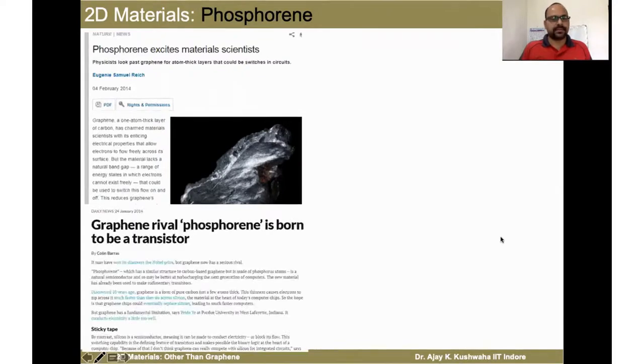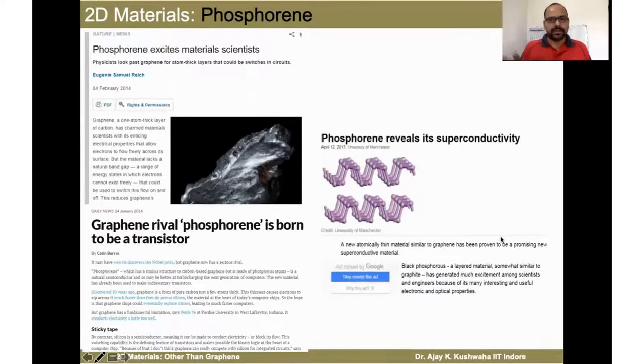Basically, it has some additional advantages over graphene, electronic properties which are not seen in graphene, that are very relevant for digital electronics or switching circuits. Therefore, even the news said "Graphene rivals phosphorene is bound to be a transistor." Even the superconductivity of phosphorene was investigated and reported.